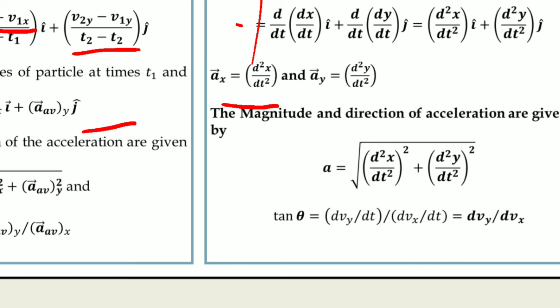By solving this equation you will get the magnitude of acceleration, and tan theta equal to dvy by dt divided by dvx by dt, that is dvy divided by dvx, will give the direction of acceleration.